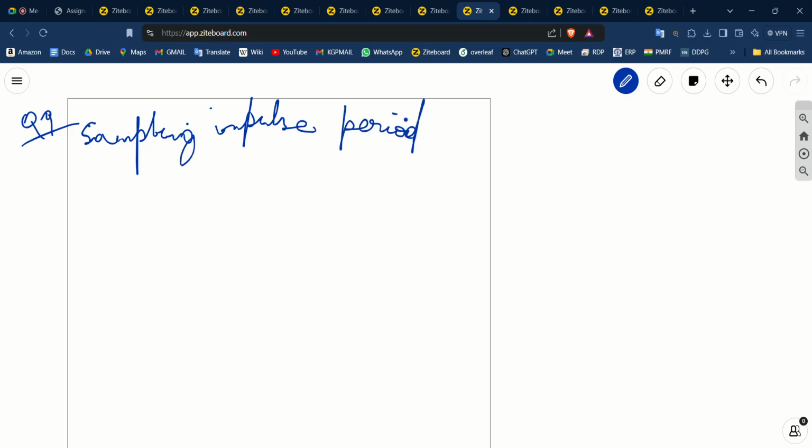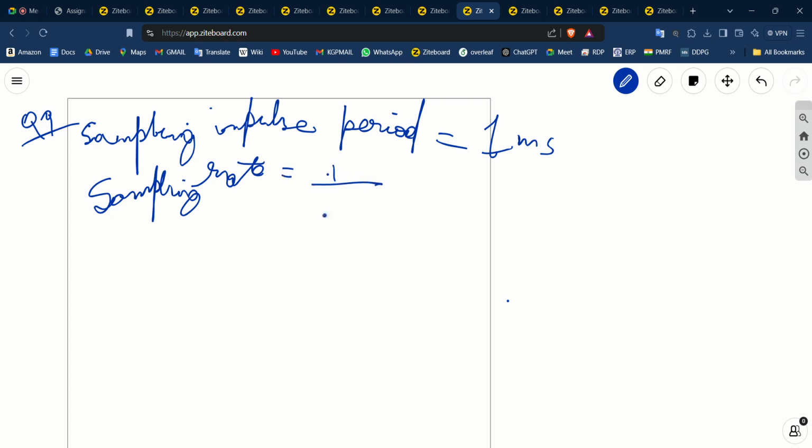So if the sampling impulse period is 1 millisecond, then the sampling rate will be 1 by 1 millisecond, which means 1000 hertz.